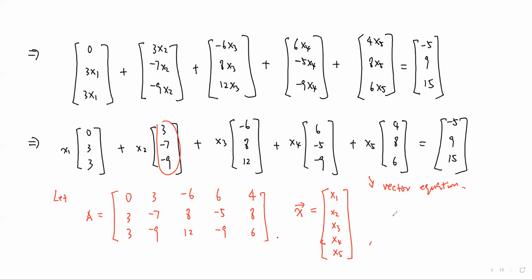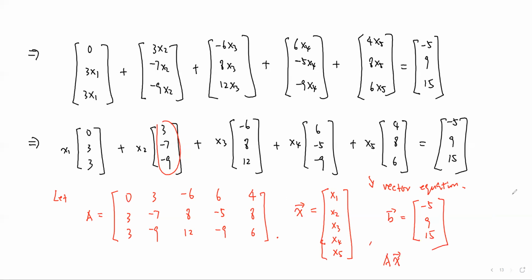The right-hand side, let me denote it by B. Then the left-hand side of the vector equation is A times X. By definition, what is A times a vector?